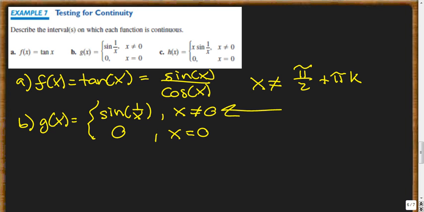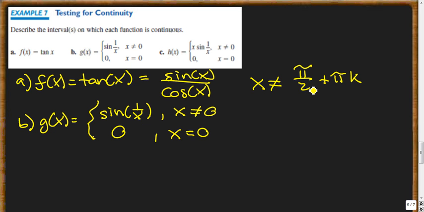Now, we're not going to be able to tell as we go around 0 what our sine is actually going to be. This is a really strange function to look at. Even though we're defined at 0 here, if we were to plug in a very, very small number, think about doing one-sided limits here.